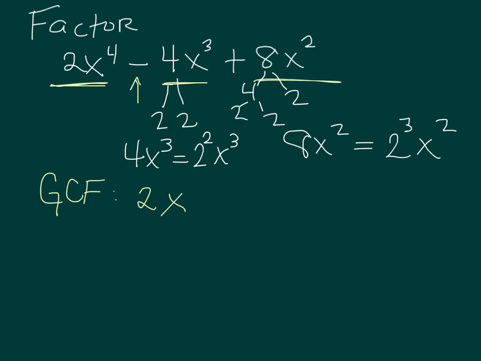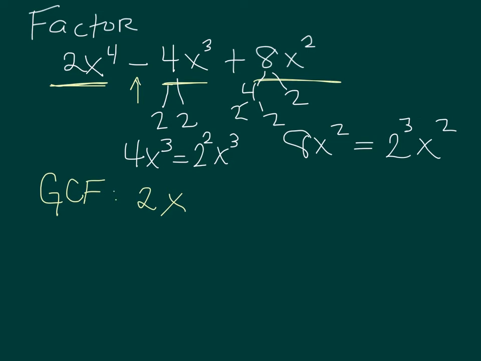Then I'm looking at what goes into all 3 of these. In other words, what's the biggest part that goes into all of them? So 2 obviously goes into all 3 parts. This one only has 1, 2 though. This one has 2, which includes 1, and this one has 3, which includes 1. So this 2 is going to be to the 1st power, or just 2.